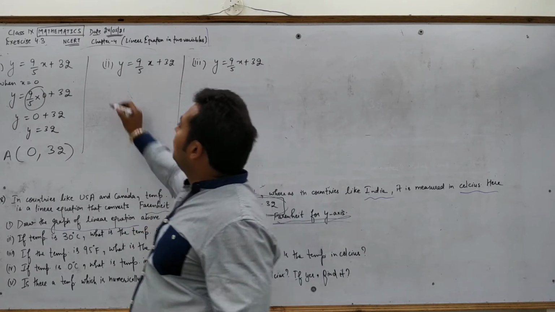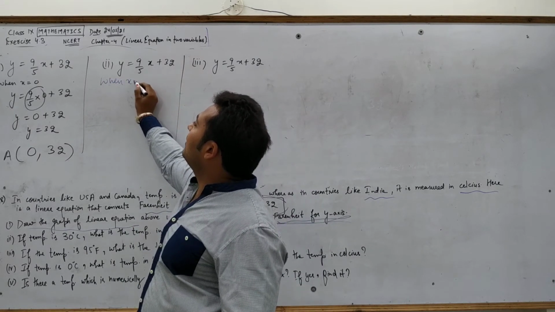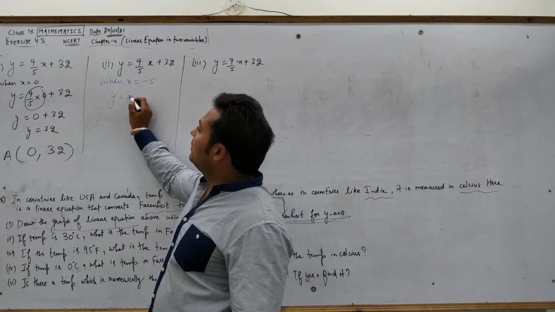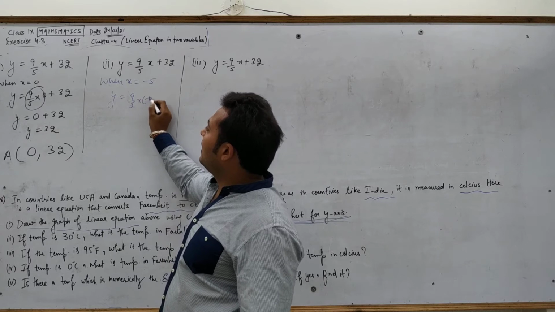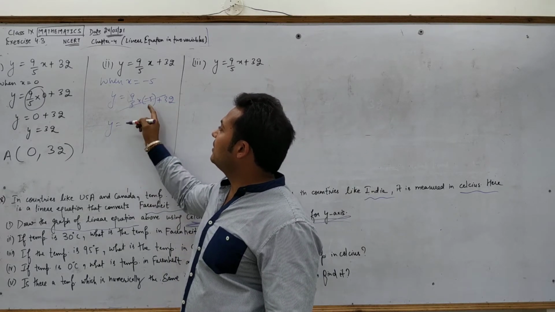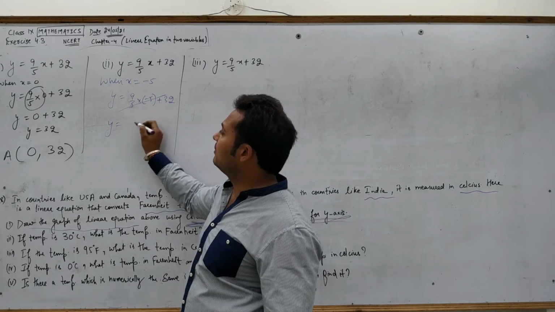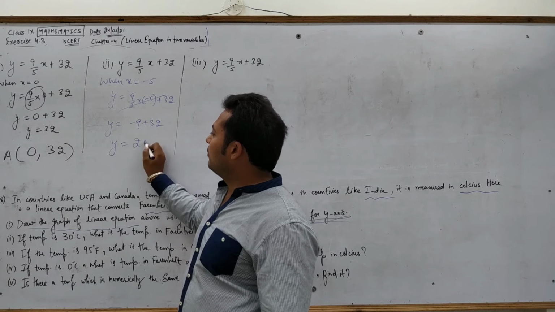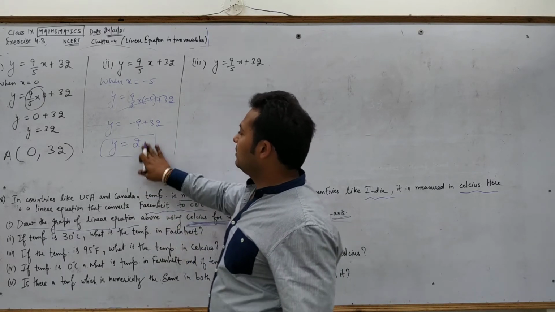So take x equals minus 5. So y equals 9 by 5 multiplied by minus 5 plus 32. This will be cancelled. 9 multiplied by minus 1 will be minus 9 plus 32. So the value of y will be 23.